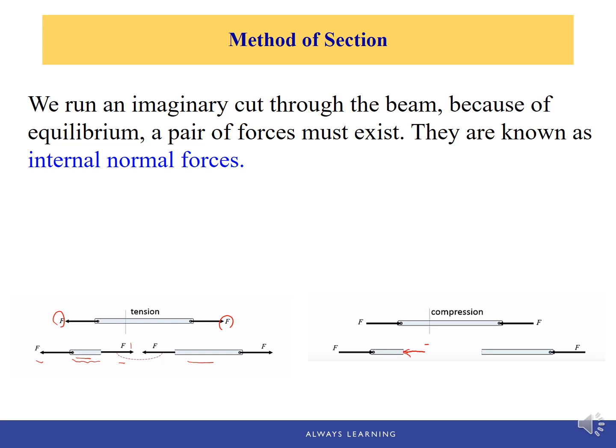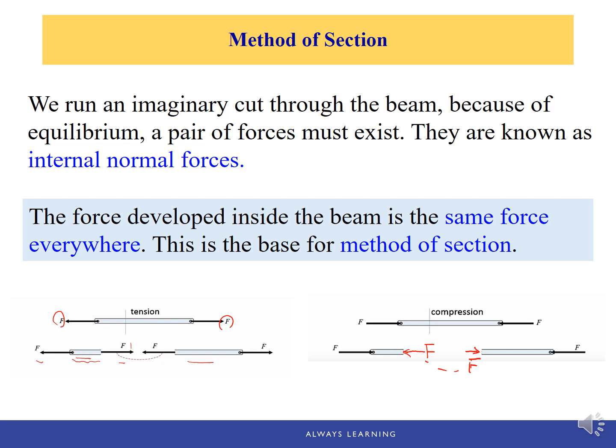And because of equilibrium, we can see those forces are the same as the applied force at the end, and this pair will also be compression. So we can say the force developed inside the beam is the same force everywhere, same magnitude, same tension or compression. And this is the base for the method of sections.